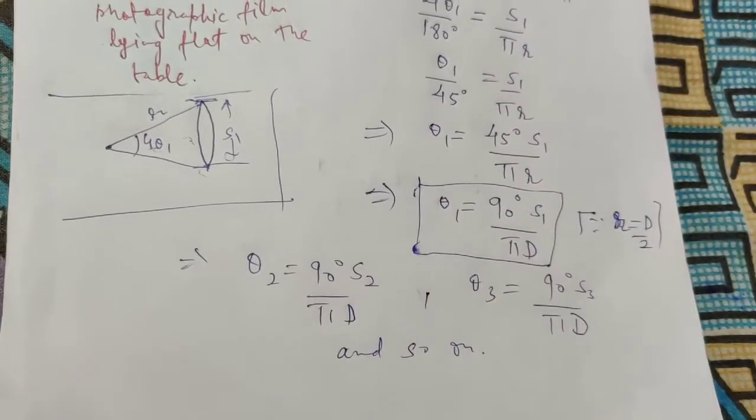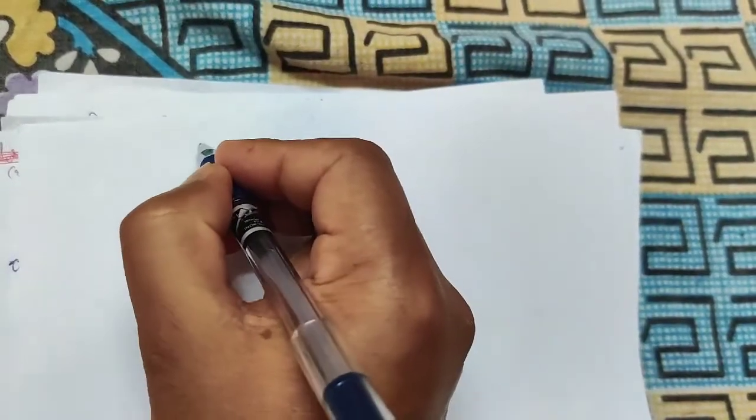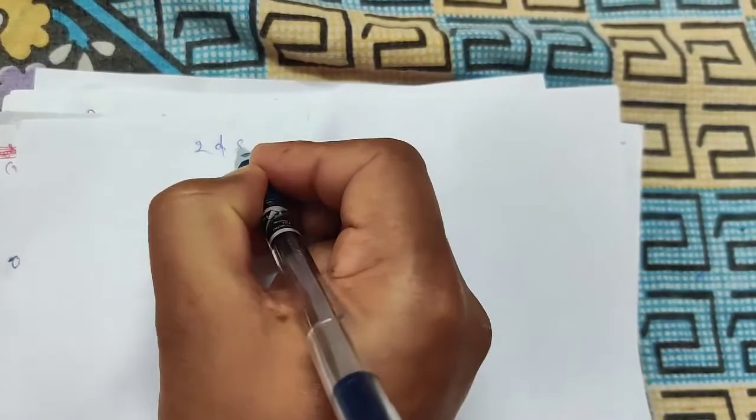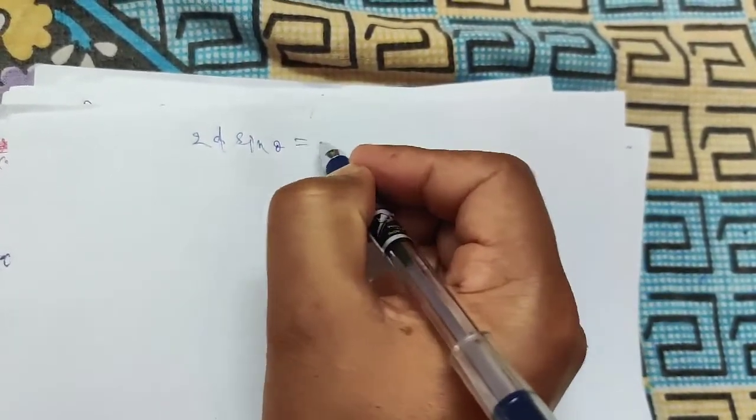Let me give an example. We know Bragg's condition is 2d sine theta equals n lambda.